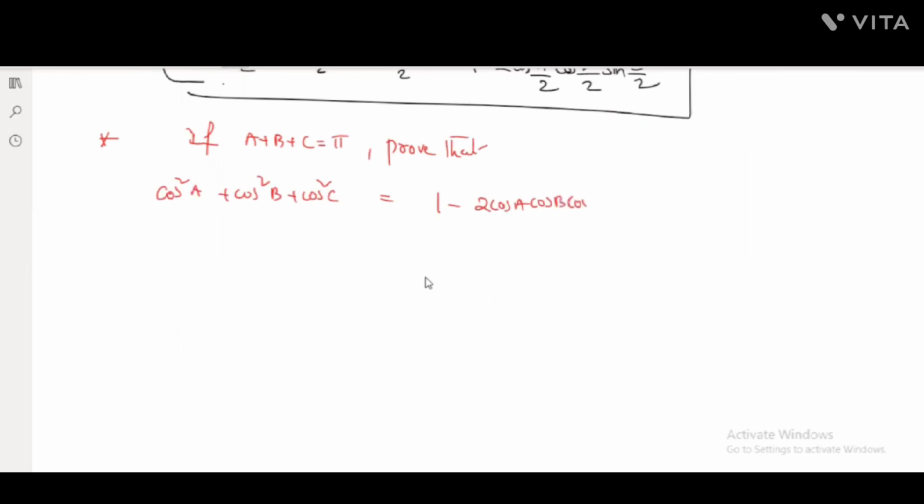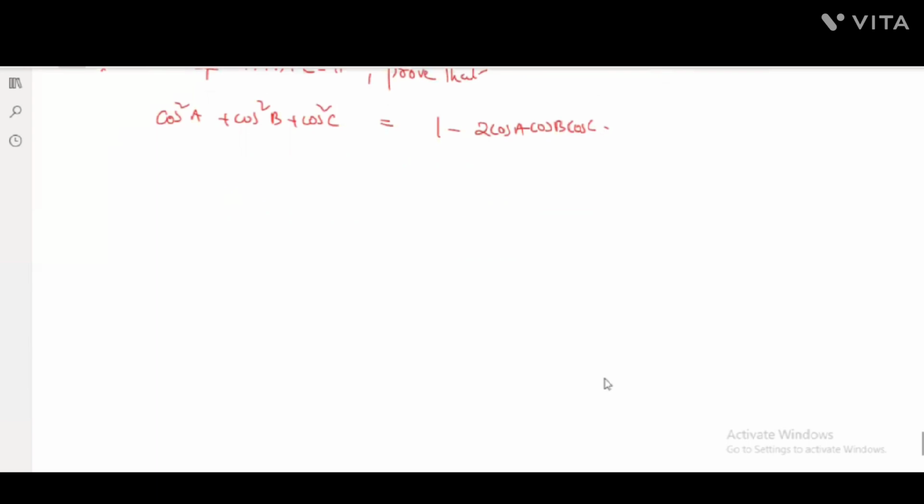So this is what we have to prove. So how can we prove this one? They have given a plus b plus c is equal to 180 degrees, that is pi.